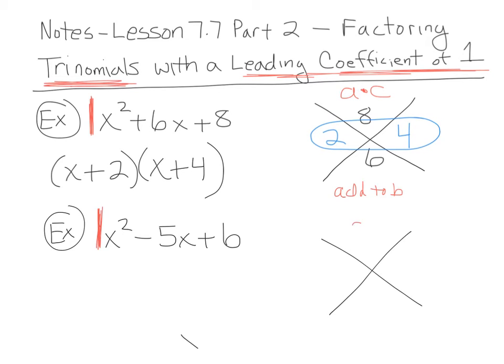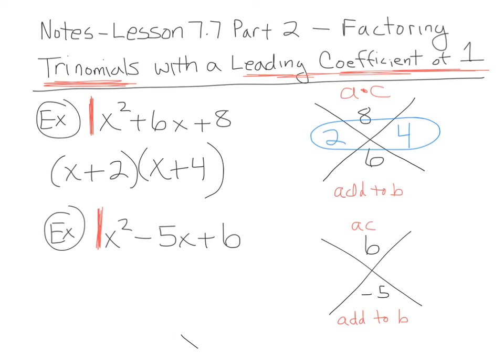A times C goes here, and B goes down here. Remember, we want it to add to B. So A times C in this problem is 6, and we want it to add up to negative 5. You have to take the sign in front of the number, negative 5.